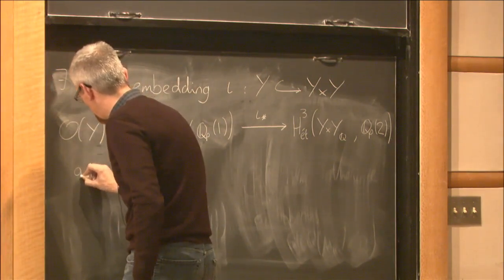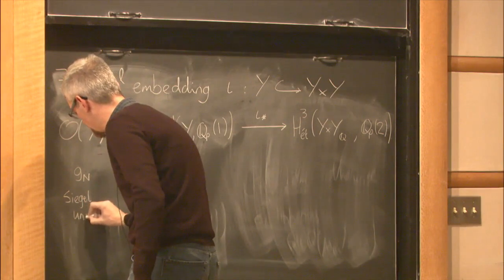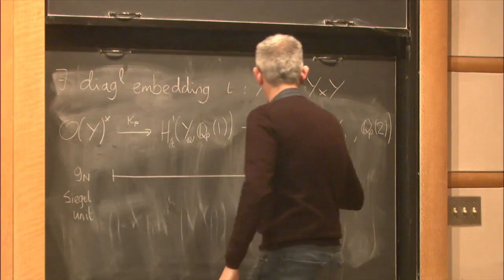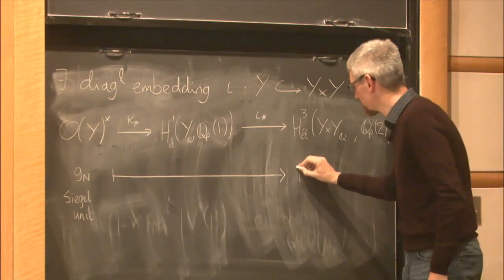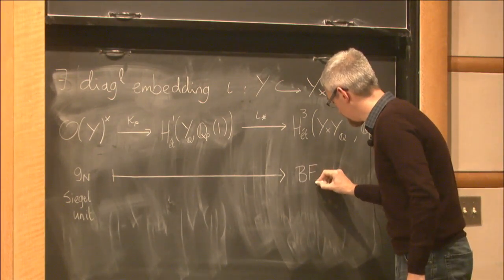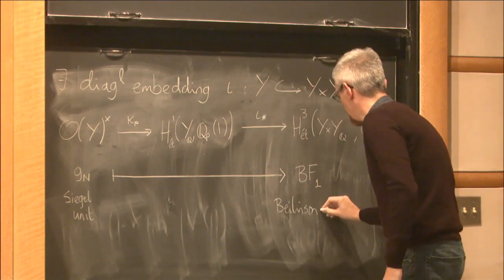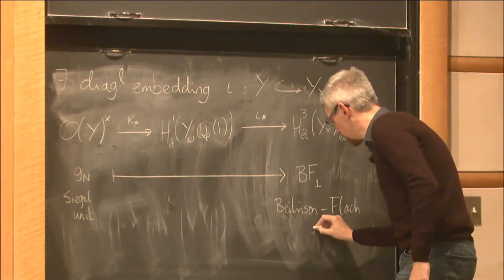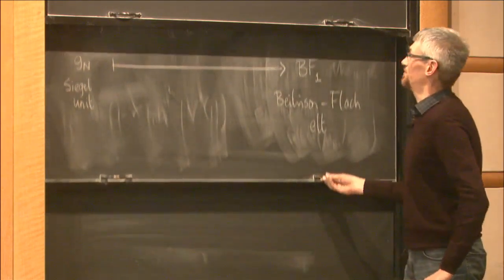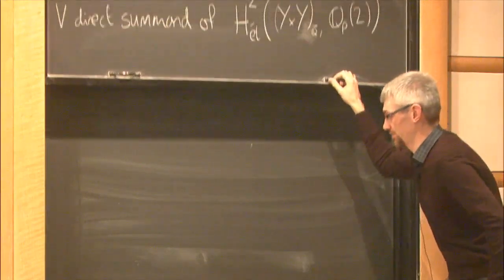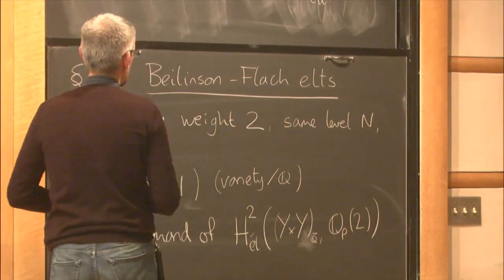So in here there's a special element, I'll call it g_n, the Siegel unit. And it maps all the way over here to something which I'll call the Lemma-Flach element for m equals 1. So this has been studied by an awful lot of people.